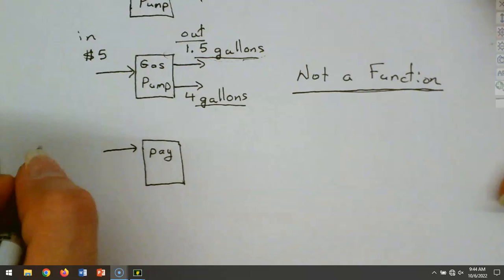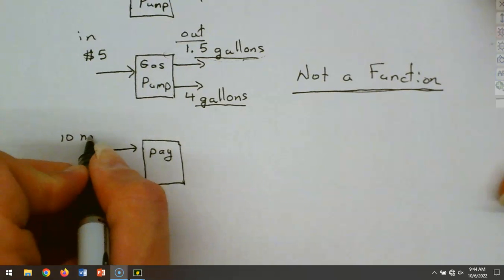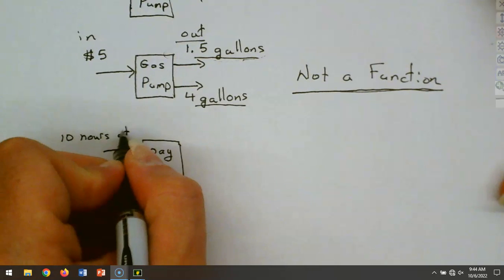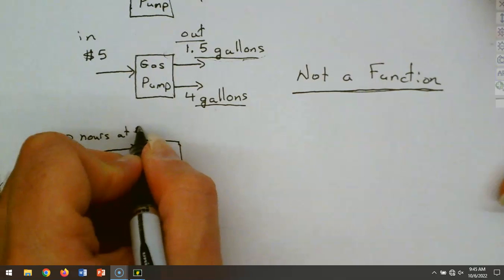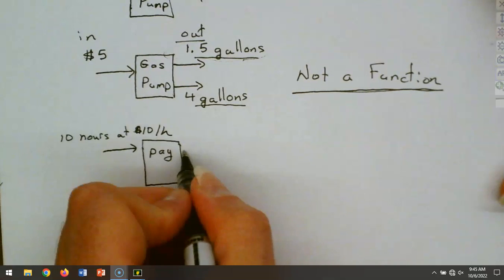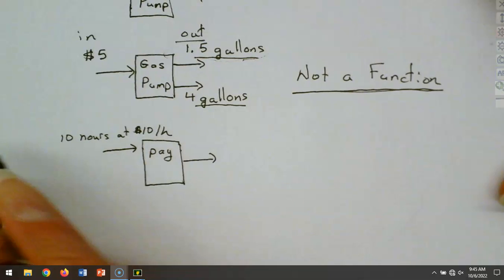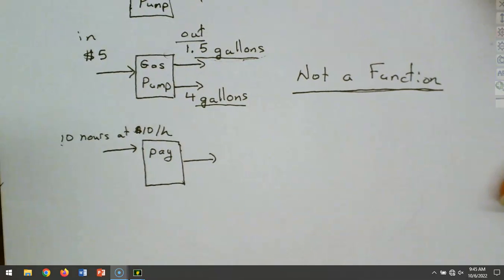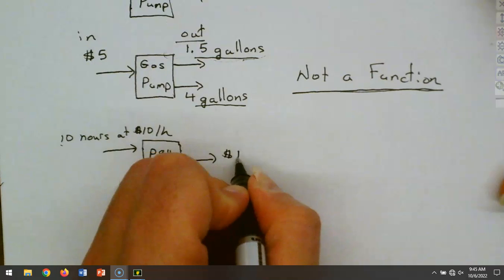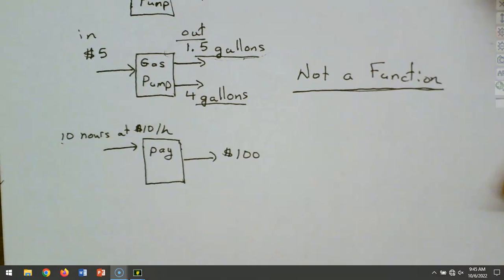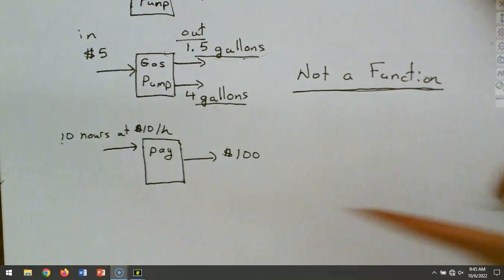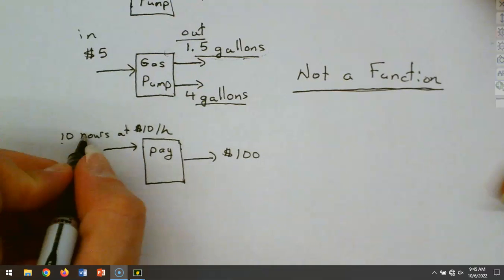Okay, so let's say we work 10 hours at $10 an hour. How much would I get out? Okay, 10 hours, $10 an hour, I would get paid $100, right?